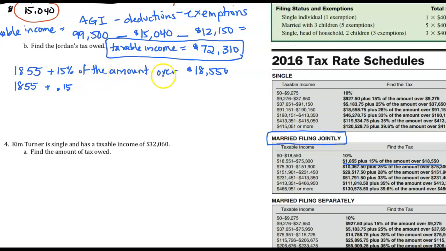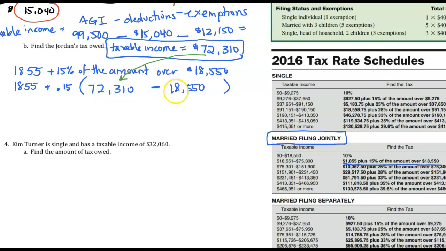To find the amount over $18,550, I'm going to use parentheses. And if I need to be over that amount, I want to subtract $18,550 from the taxable income. That taxable income goes here: $72,310.